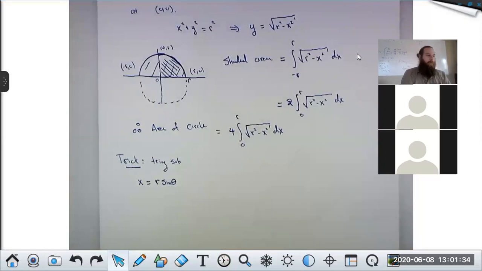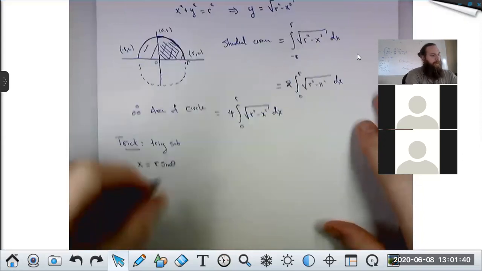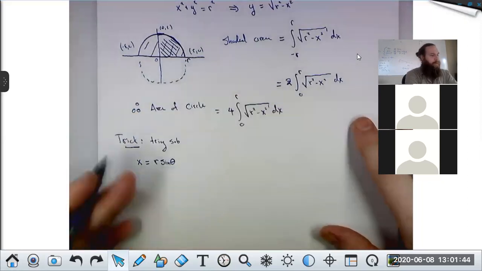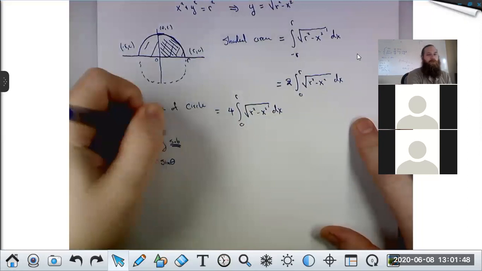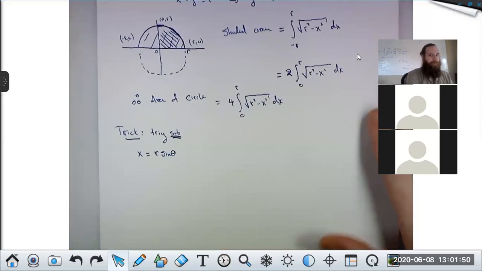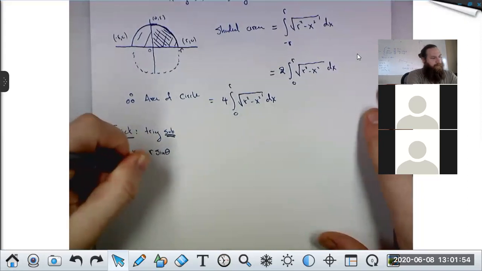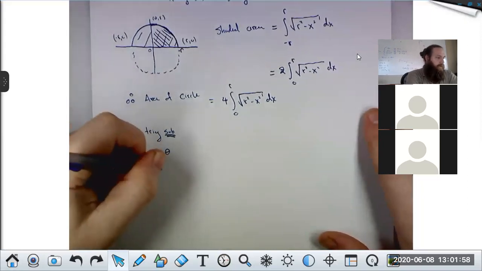I'll tell you how to pick this number and how to pick this function after this example, so please hang in there with me. I need to calculate my differential and I need to change my bounds because I'm still making a substitution. Trig sub is still just a substitution. It's just a clever one. dx, if I take the derivative, I get r cos theta.